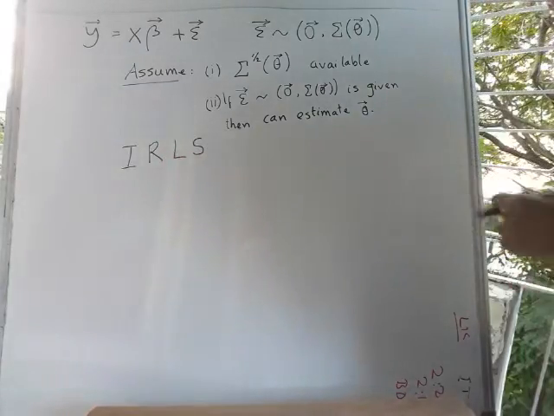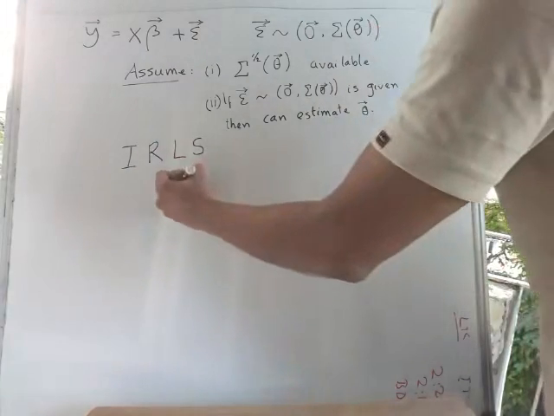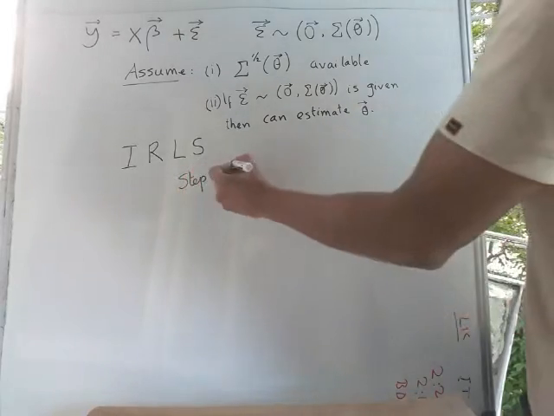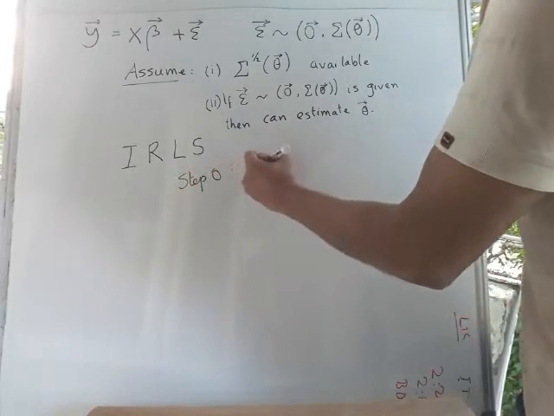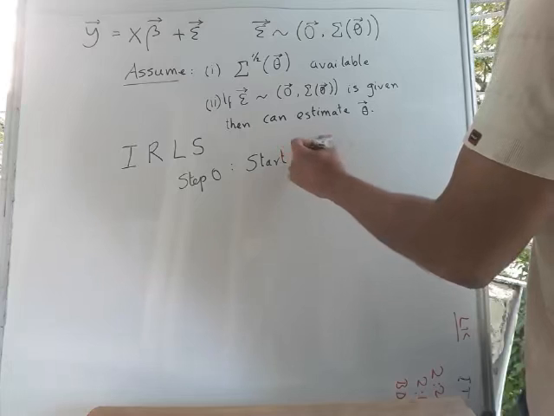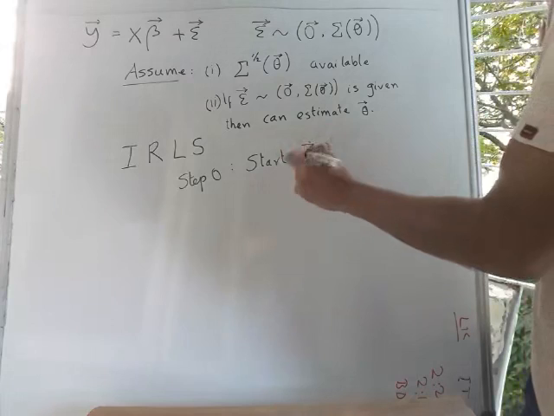And the technique goes like this. You first start with a guess for theta. So step 0. In step 0, you start with a guess, and this guess turns out to be quite unimportant. So you can just start with something which I call theta 0.